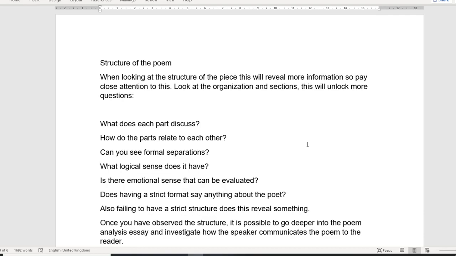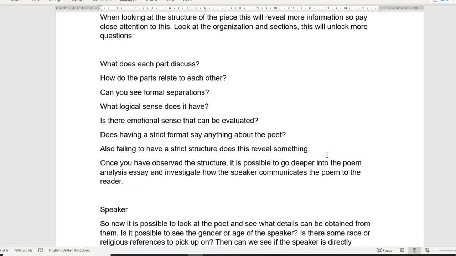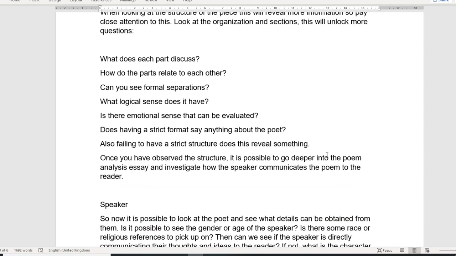Is stanza 1 informing stanza 2, or is stanza 2 contradicting stanza 1? Is there an emotional sense that can be evaluated? Does having a strict format say anything about the poet? Also, does failing to have a strict structure reveal something? If it's written in free verse, what's the point?